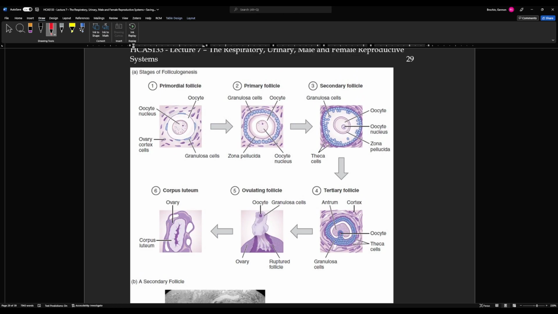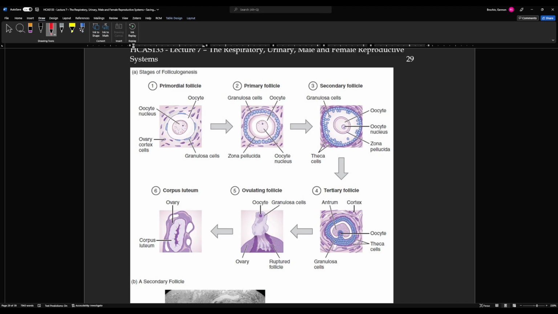So these are the kind of steps that the oocyte takes within the ovary. Unlike males, females will develop pretty much all of their eggs early on in life, and they kind of hang out there and wait. There are more eggs produced than the number of eggs that will ever be secreted, I guess you could say.